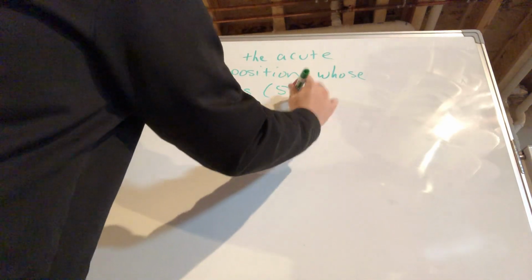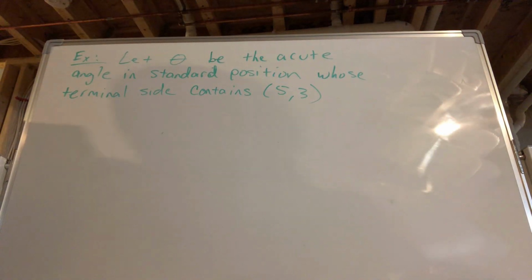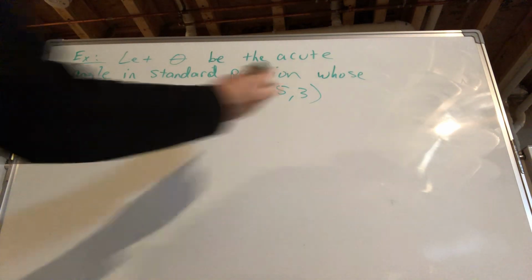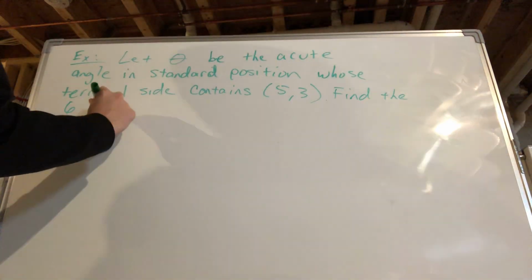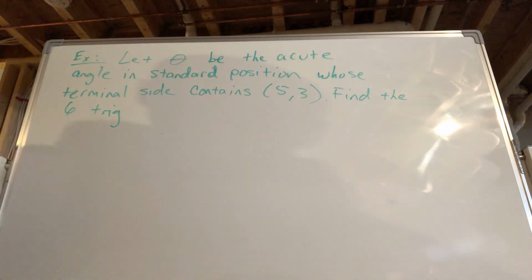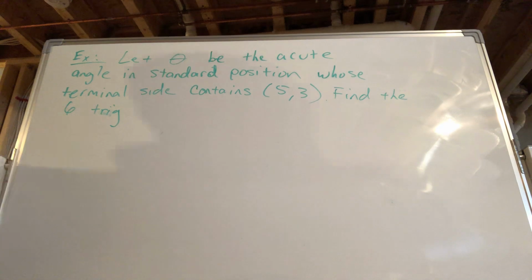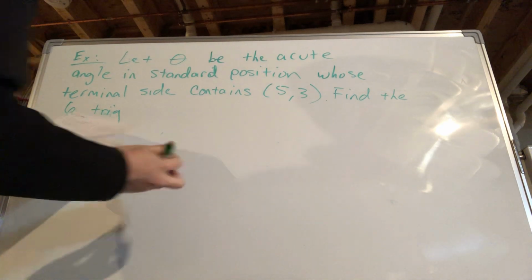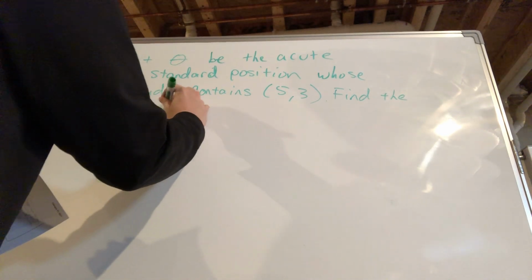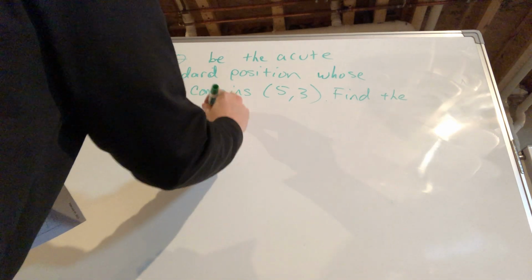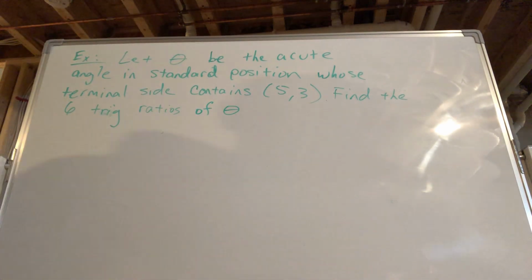I'll just say 5,3. I just want to try to abbreviate here. And then it says find the 6 trigonometric ratios of theta. Okay. There we have it.